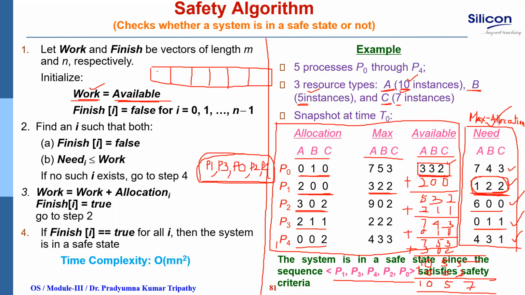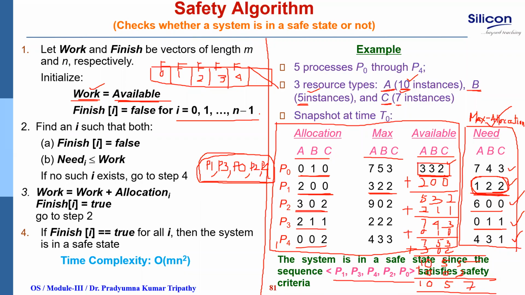These are processes, and for every process, initially it is false. That means all have not been satisfied, and they have some need. Finish of i equals false for i equals 0 to n minus 1. For every process, we will make it false first.